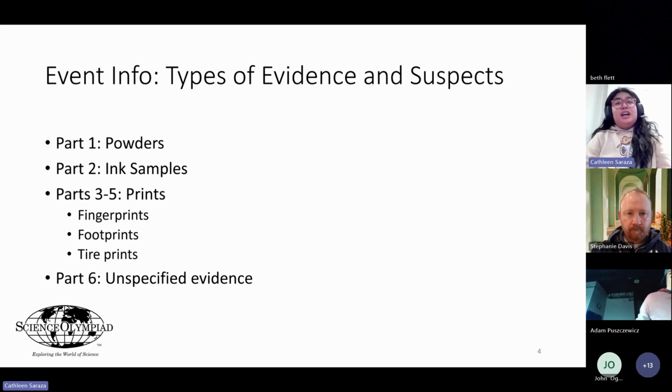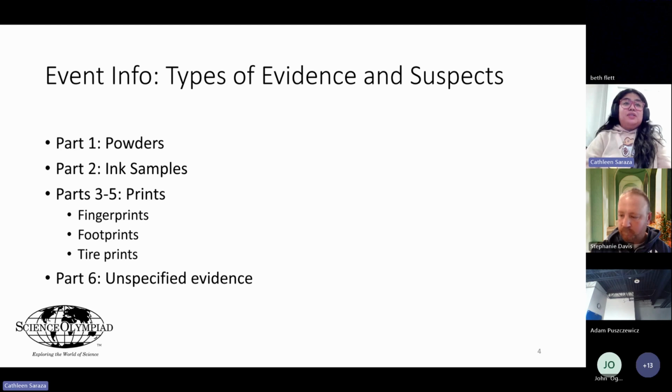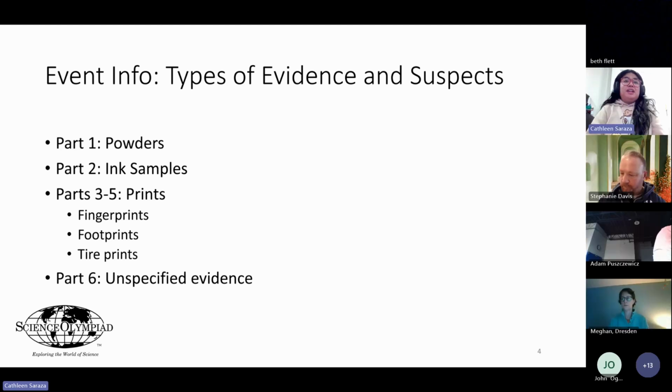And there are different kinds of evidence found at this event. There are 6 types of evidence that the students will encounter. The first is powders, where they are given a set of powders and they have to find the identity of each powder. There's also ink samples that they have to analyze to figure out whose ink sample belongs to the one found at the crime scene.